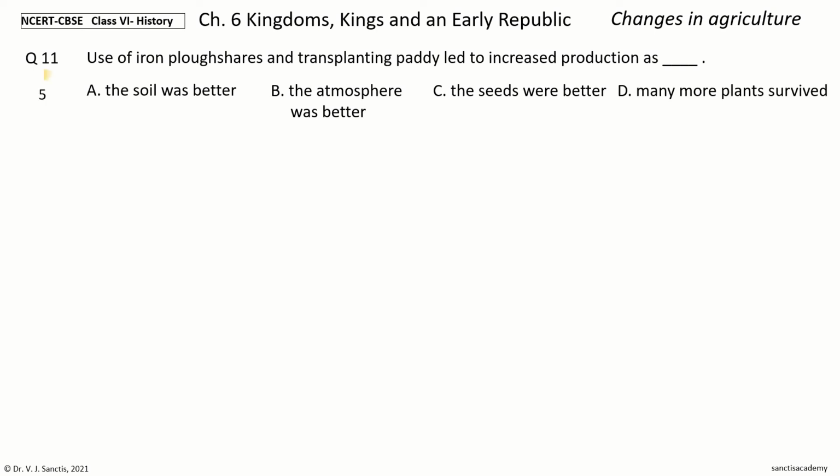Your time to choose. And the answer is many more plants survived. So, use of iron plowshares and transplanting paddy led to increased production as many more plants survived.